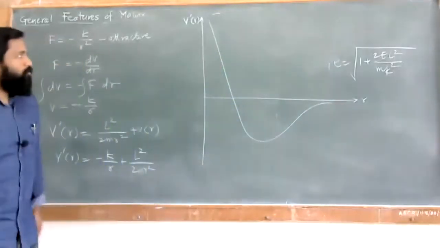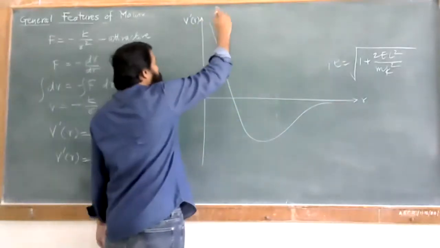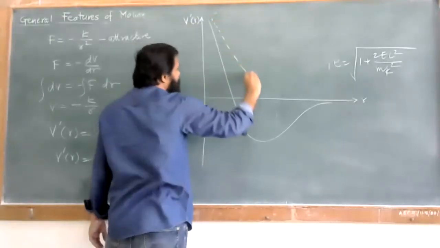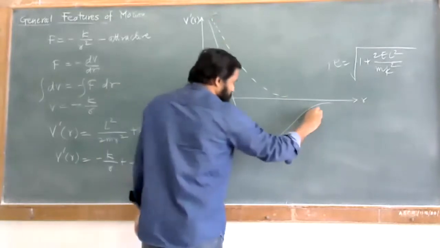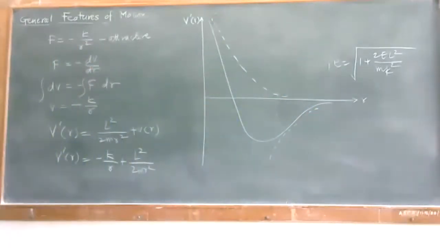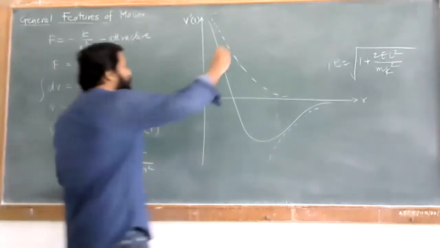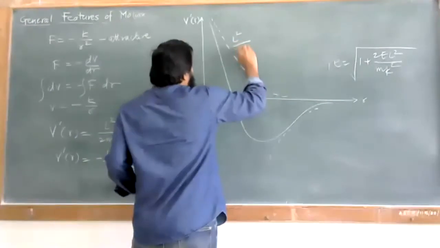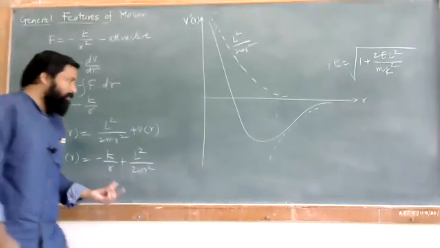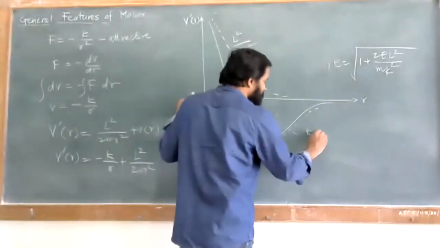Okay, so we can have two terms. One is the attractive condition and the other is called the repulsive condition. So we can have these 2 points. Depending upon the terms, this is given as L square upon twice mr square in the positive sense, and this is minus K upon R at this point.